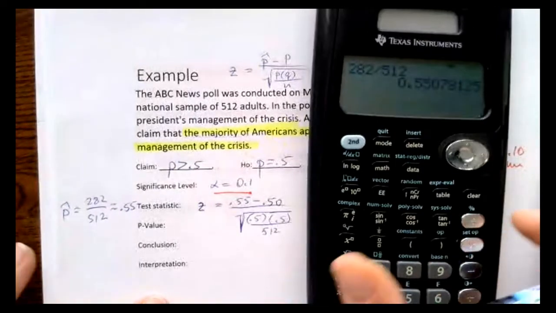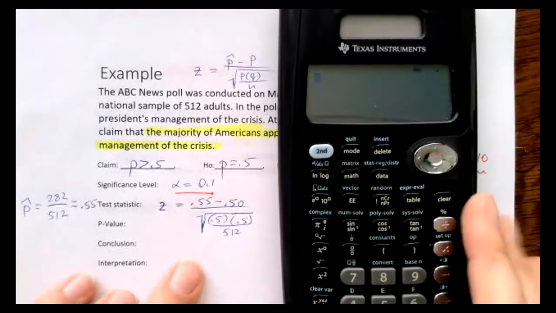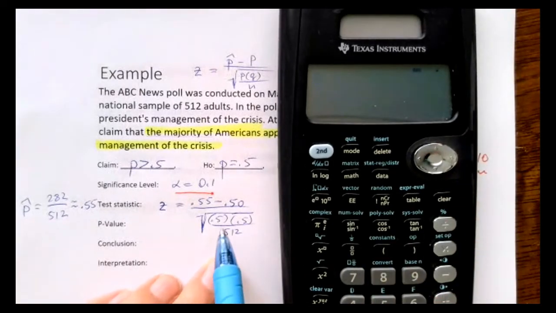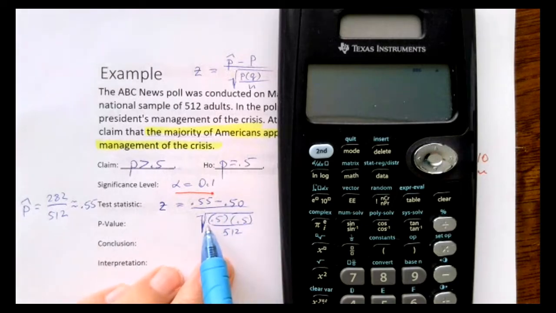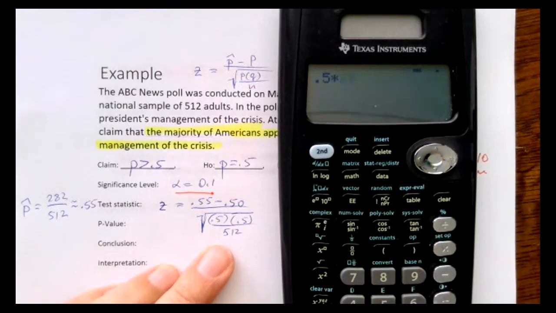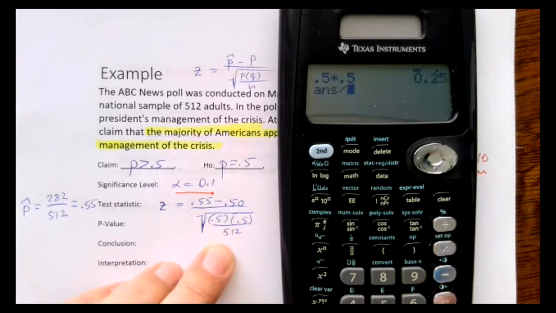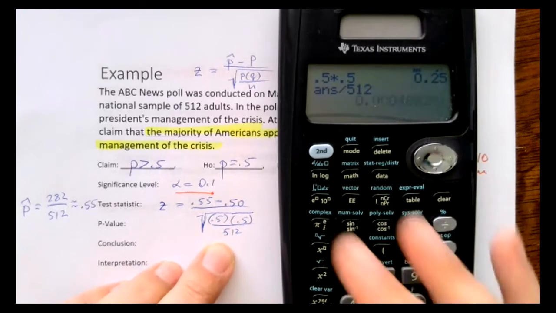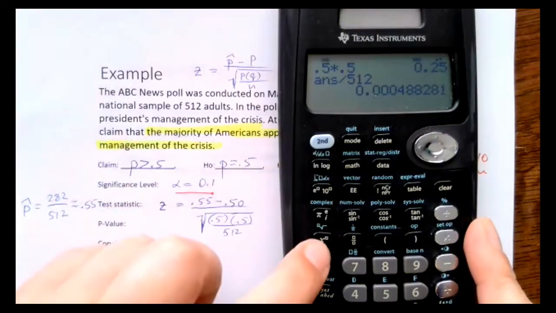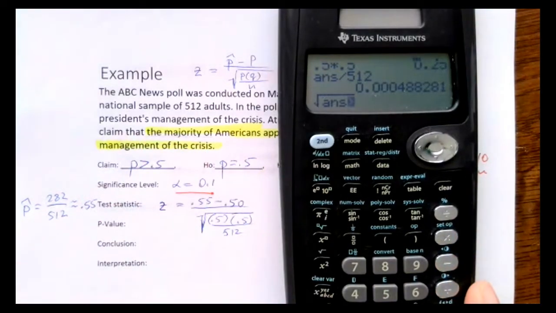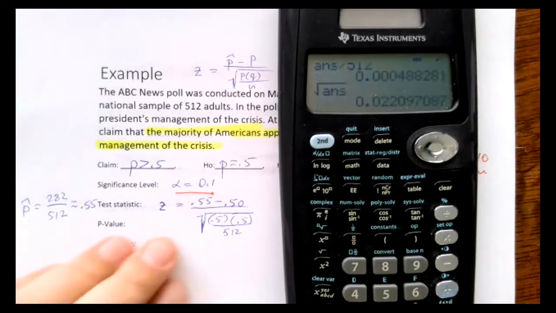Okay, let me put this into a calculator. I'm going to show you how I do it so you can follow if you want. I actually calculate the denominator first because it's the most complex. So I multiply the numerator first, and I divide it by the denominator. I could do it in one line as well, it doesn't matter. Then I take the square root of that answer.